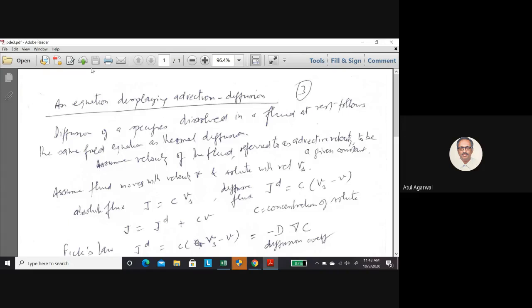Particles tend to go around with the constant velocity as well as because of some fluctuations in velocity. There are additional effects responsible for the diffusive effects.